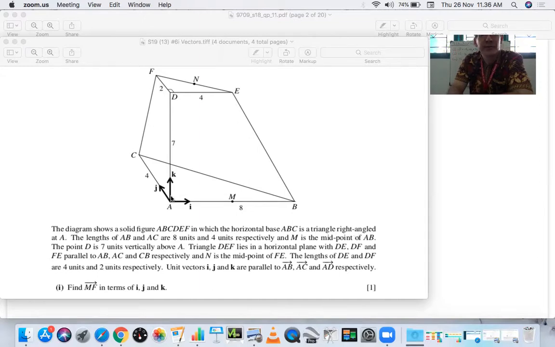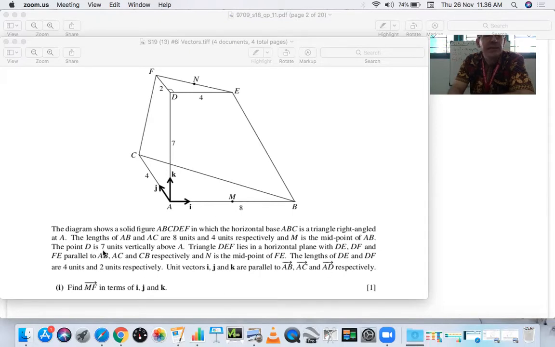So right here at the corner is a right angle at the A, or kind of like at the origin there, A. The lengths of AB and AC are 8 units and 4 units respectively. So here you see AB with the 8 and AC with the 4. M is the midpoint of AB, so that means it's 4 on each side.